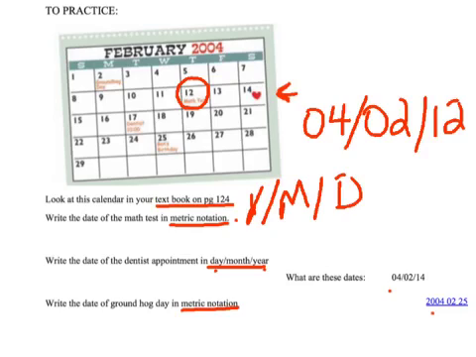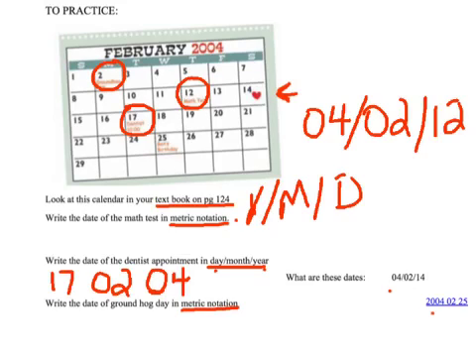The dentist appointment, well, we have our dentist appointment here on the 17th. And this time we're going to go day, month, year. So we're going to go 17. I'm going to go spaces this time. Month, it is still the second month. And year, it is 2004. Just write the last two digits, 04. Groundhog Day, February 2nd.